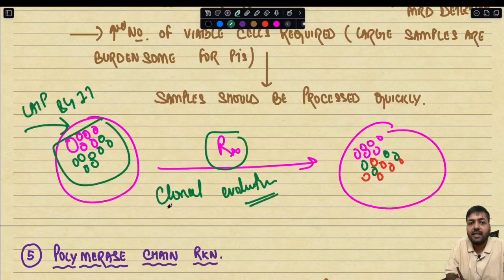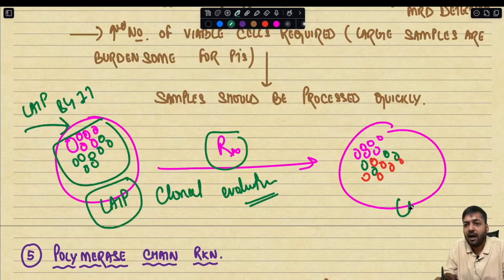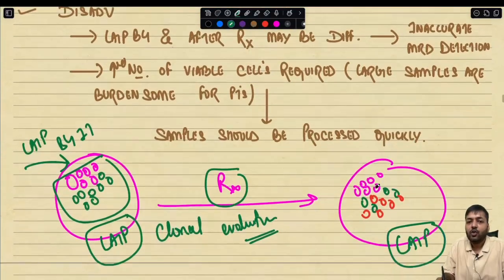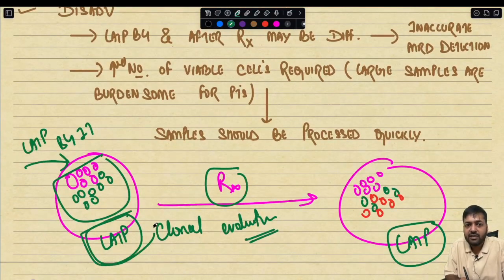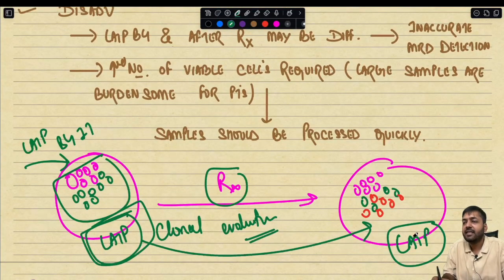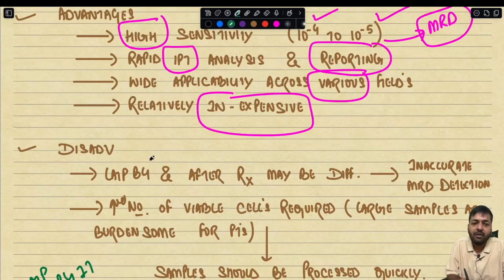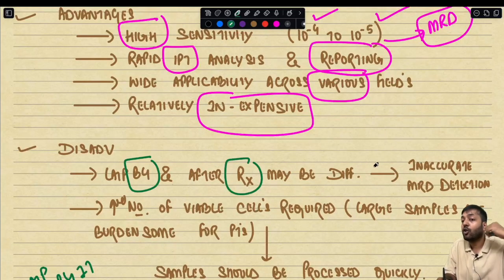As a result, the LAPE, which was the leukemia associated immunophenotype before treatment, was this, but after treatment the leukemia associated phenotype changed. So as a result, if you use this as a reference, then you will miss this particular pattern. So the disadvantage is that the leukemia associated phenotype before and after treatment may be different due to clonal evolution.